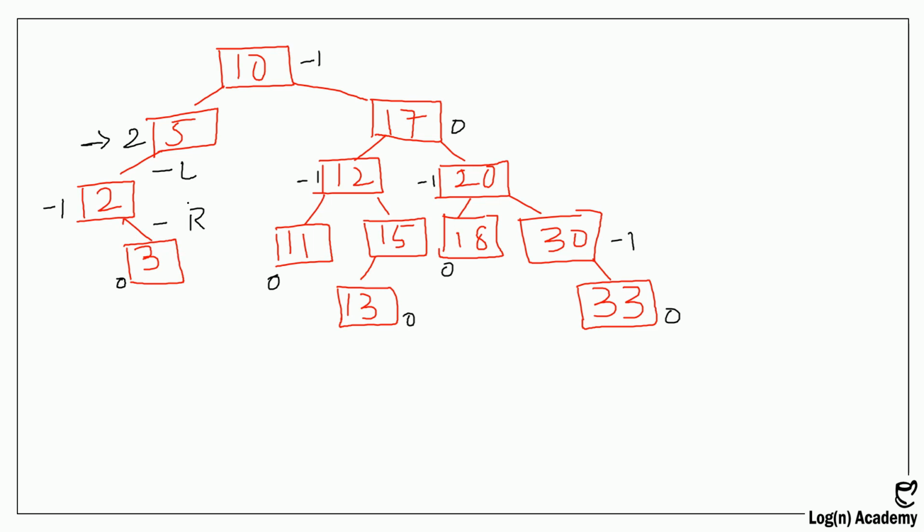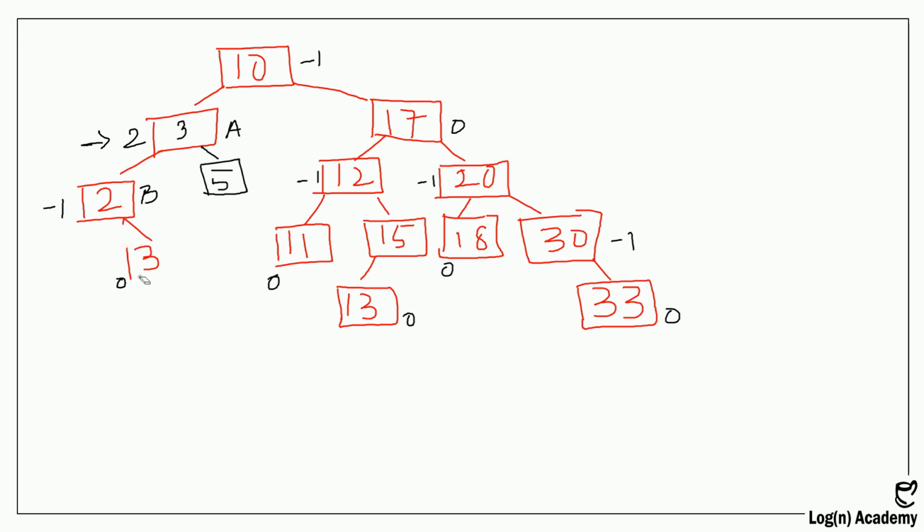First we mark A to the node which has the disturbed balance factor, and then we mark B and C to the children of A. In LR rotation or RL rotation, we make C the parent of A and B. So it will be something like this. We will have C here, so we will write 3 here, and then we will have 5 here.